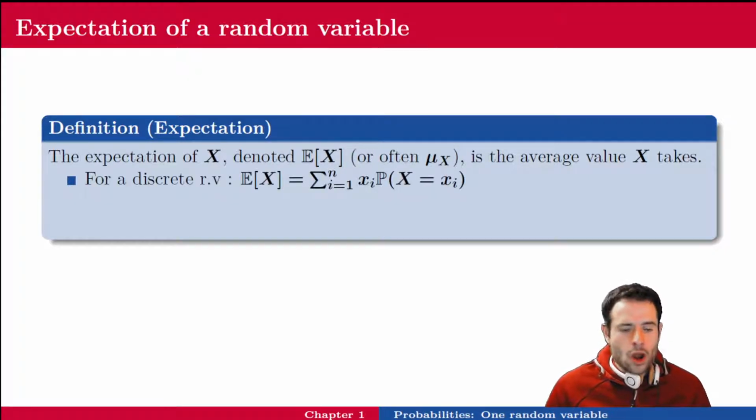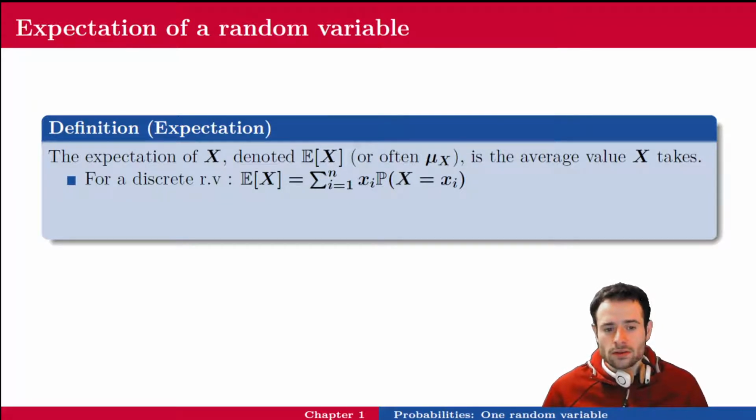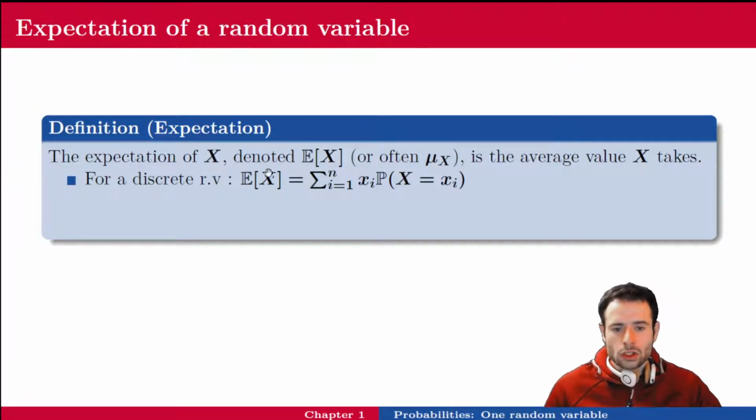If a random variable is discrete, the expectation will be the sum of all the values it can take times the probability of taking that value. This is the summation symbol indexed by i, where i goes from 1 to n.